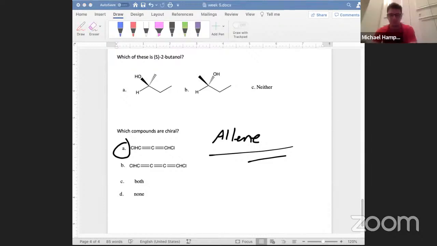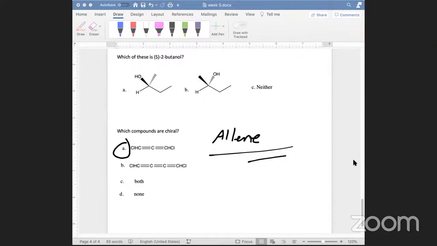I'm going to put something in the chat right now that explains it. And obviously you want to make sure that the carbon has two different groups. It can't have the same two.